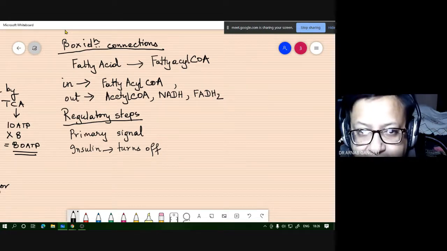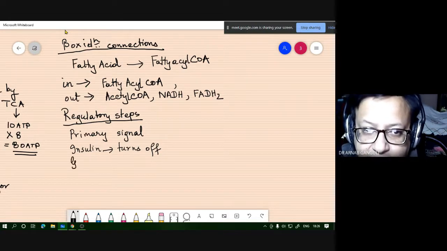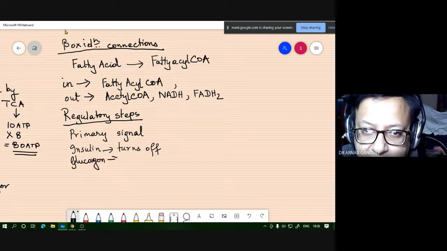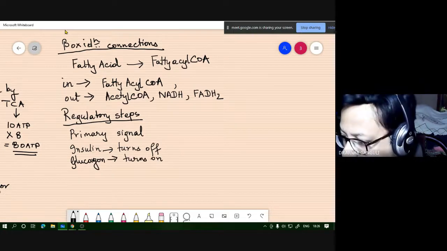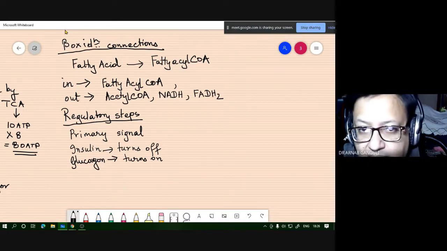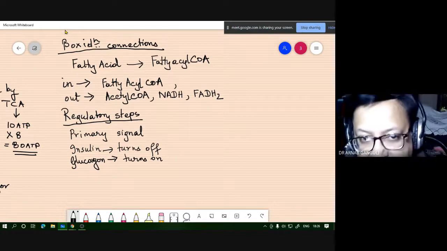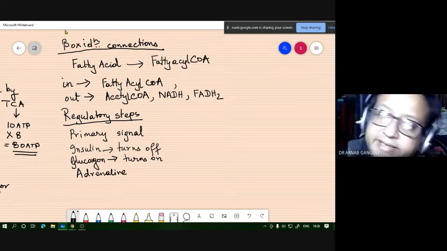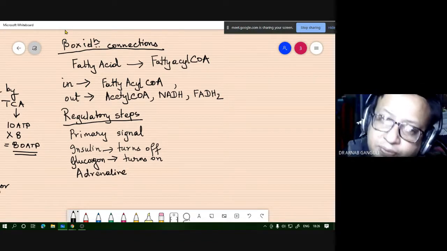If insulin turns off, then the opposite of insulin is glucagon, the other hormone. It turns on. Who else turns on? Adrenaline. Adrenaline is a flight and fright hormone.